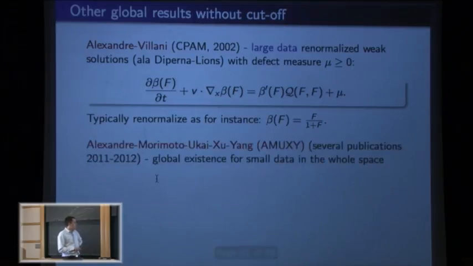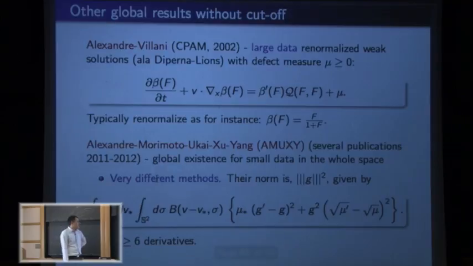And then you have this AMUXY team who wrote a theorem similar to ours around the same time, but they use very different methods. They use commutator estimates, and they used a completely different but equivalent norm. Their norm is very nice.